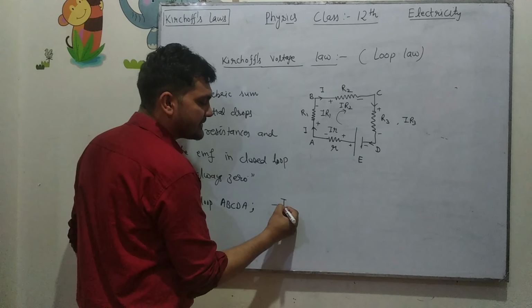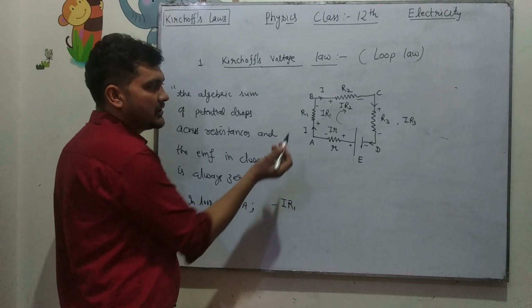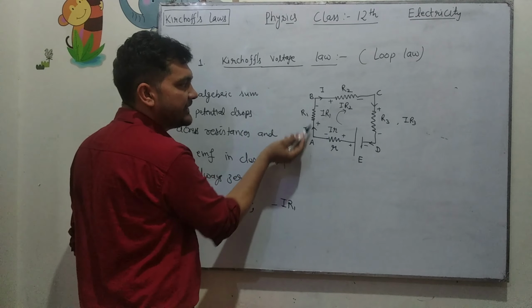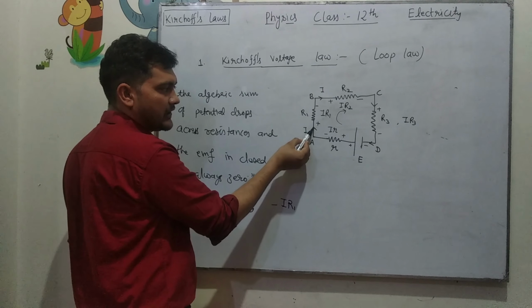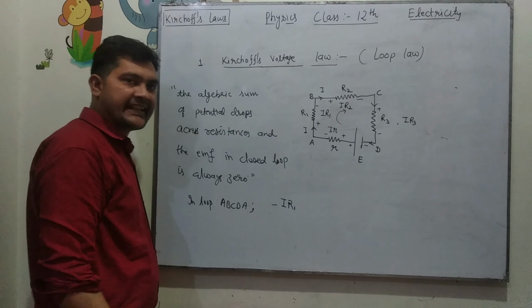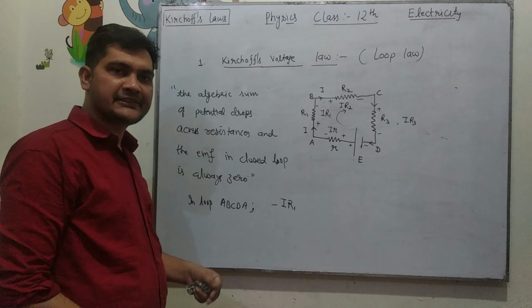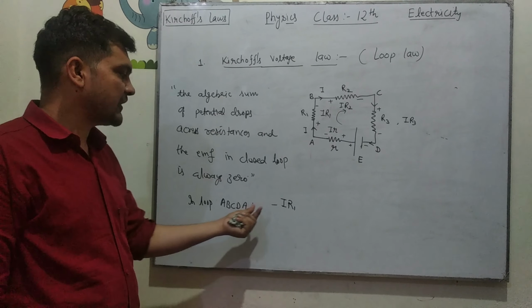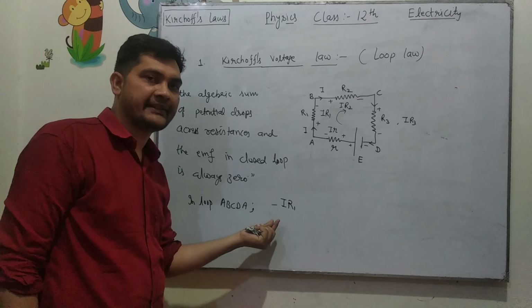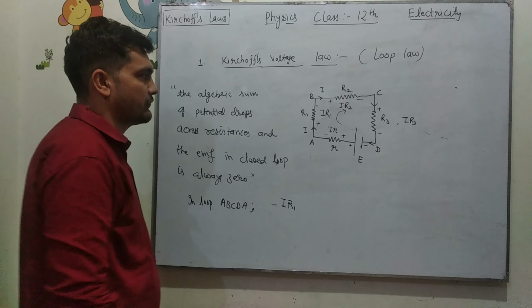So you write minus IR1, because we are moving from A to B in the direction of current. If you are moving in the direction of current, then potential drops, and a drop in potential is represented by a negative sign. So it is minus I into R1.